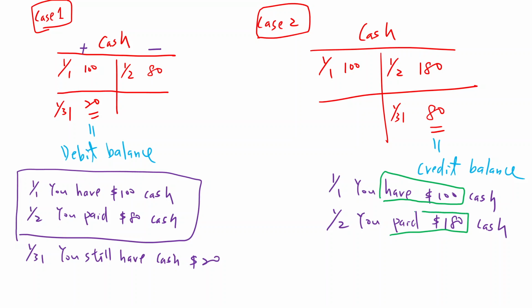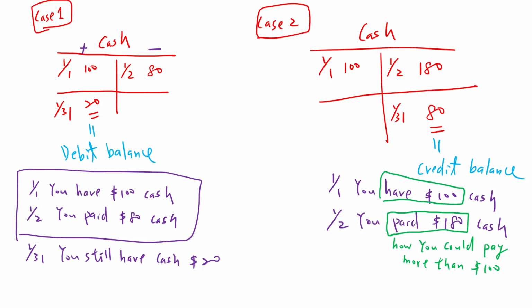How could you pay more than 100? Impossible, right? So for case 2, it does not make sense because it is impossible to do that.